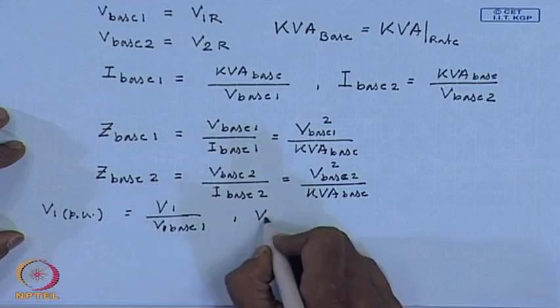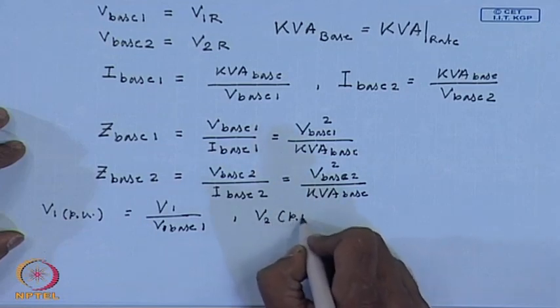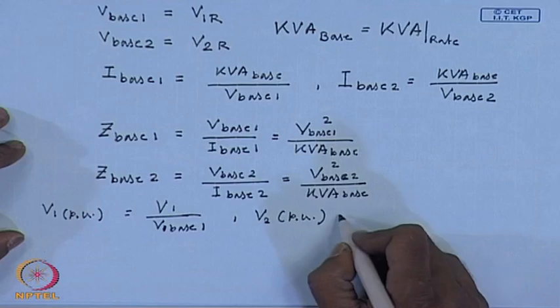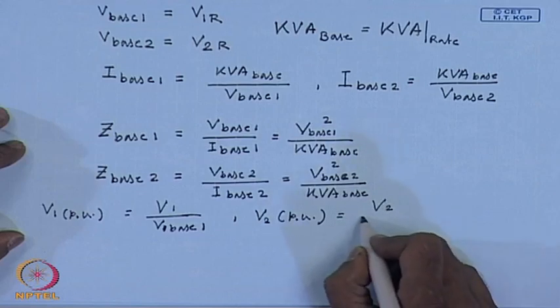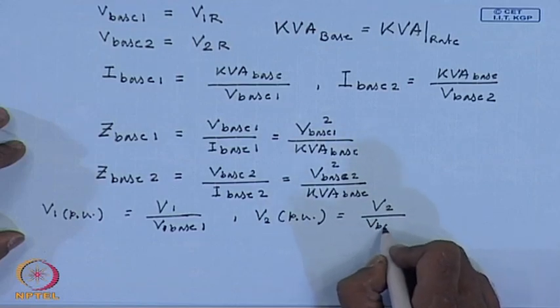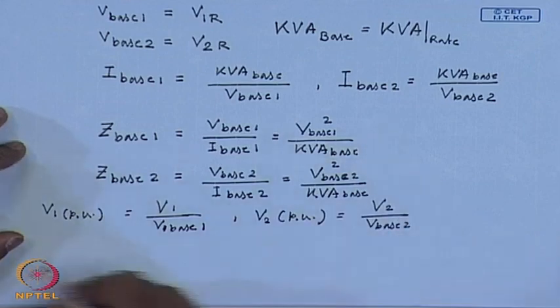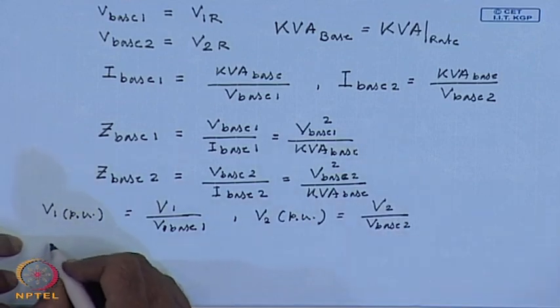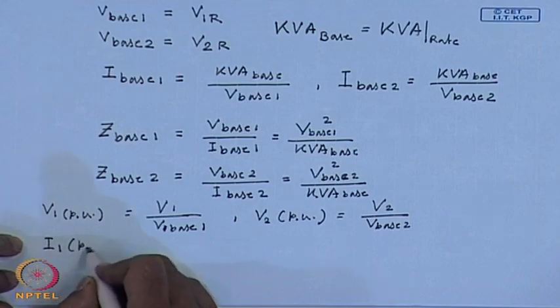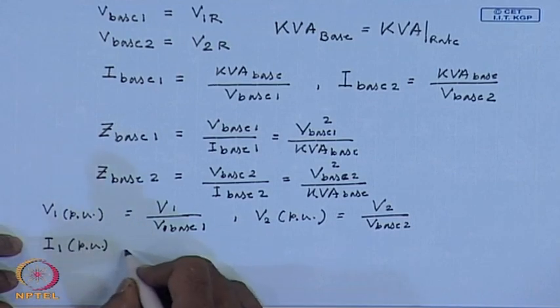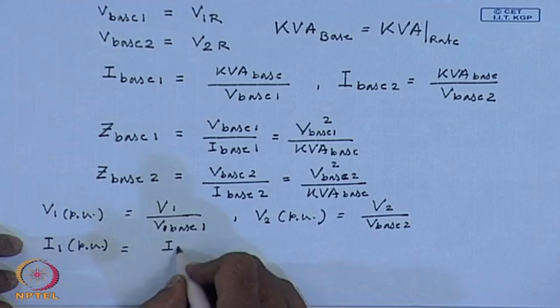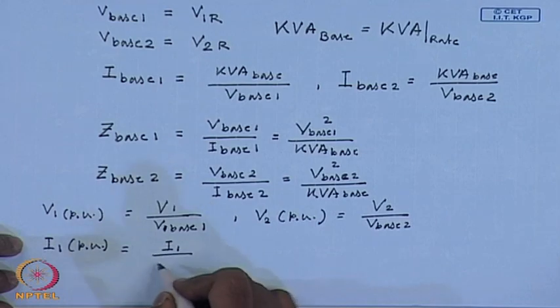Similarly, V 2 in per unit will be equal to the actual value of V 2 divided by V base 2. I 1 in per unit will be equal to the actual value of I 1 divided by I base 1.